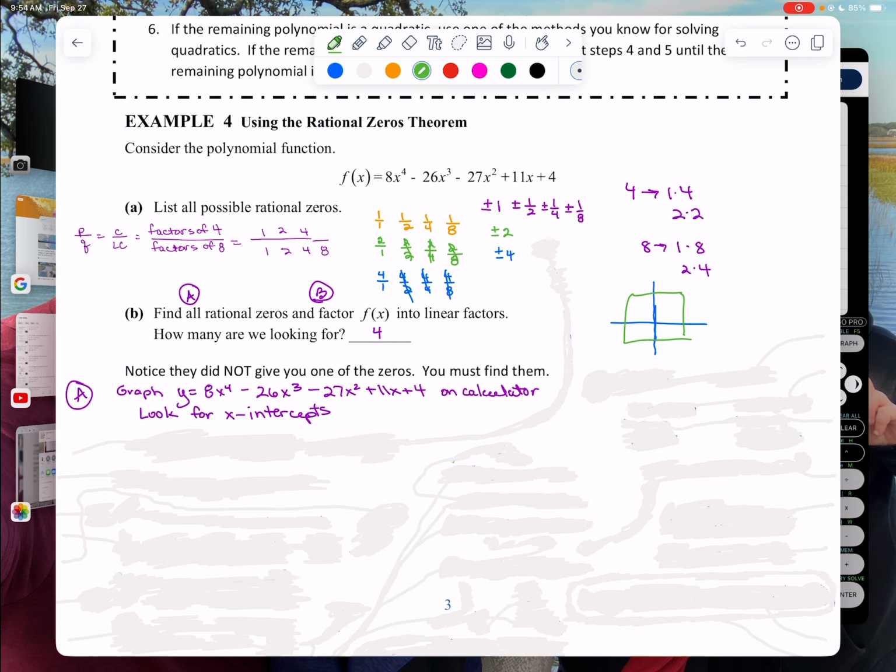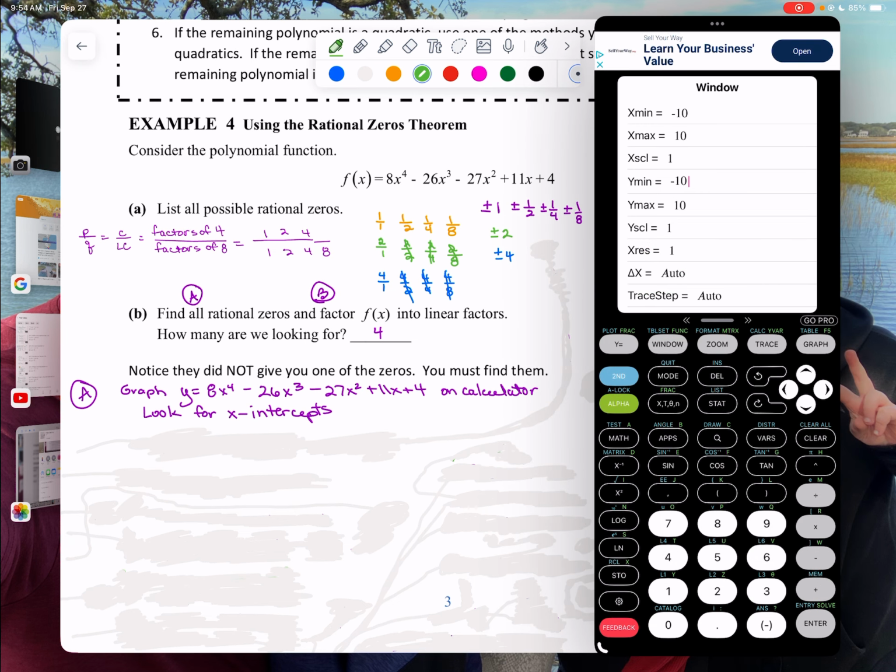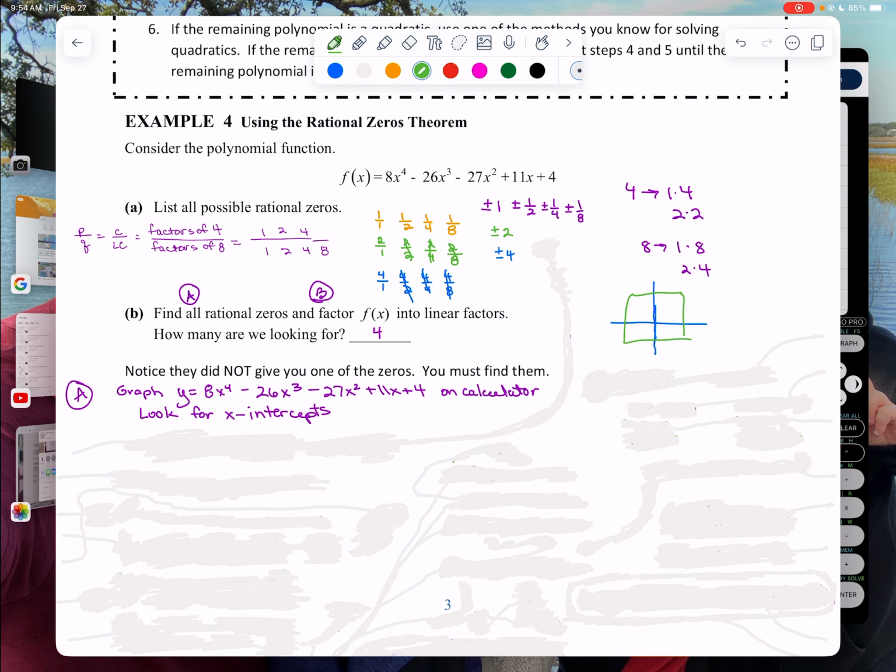So there's a couple of different ways that you can do that. You can manually change the X max and X min. Over here is your X min, your smallest number, and this will be your X max. And then this will be your Y min, and the top one will be your Y max.